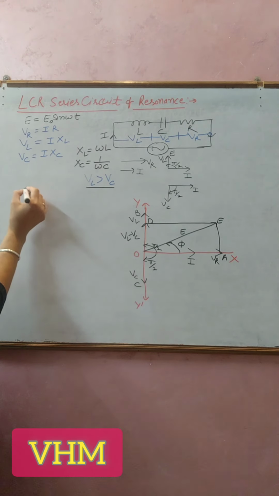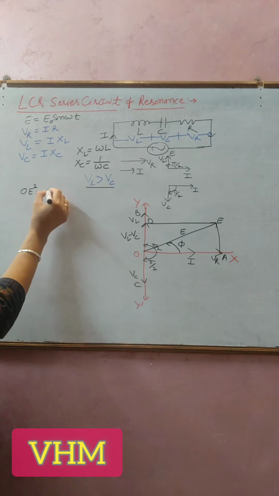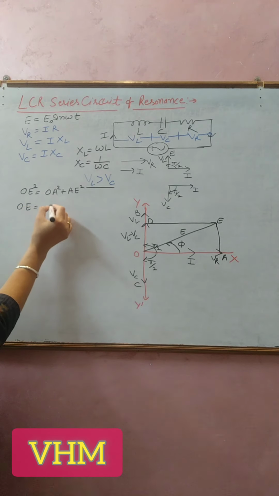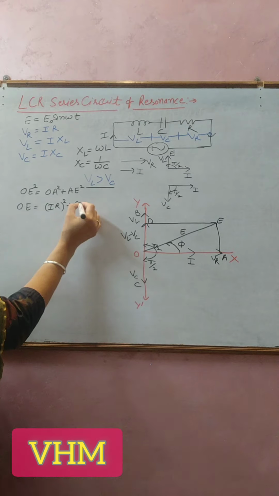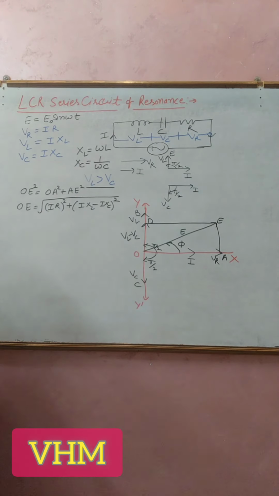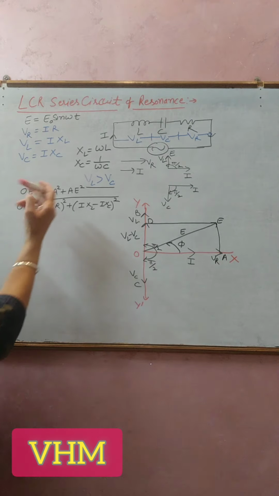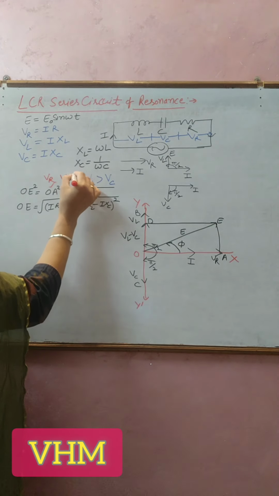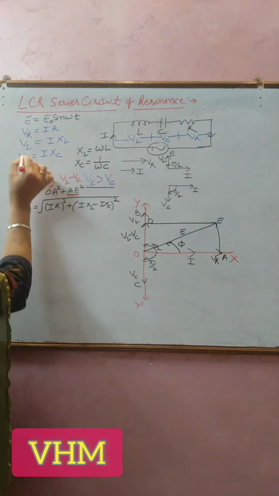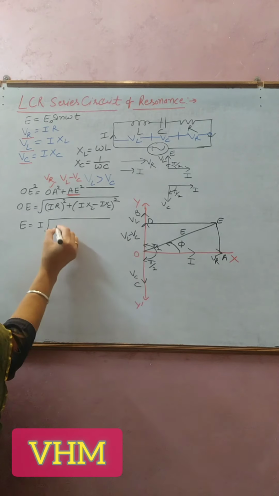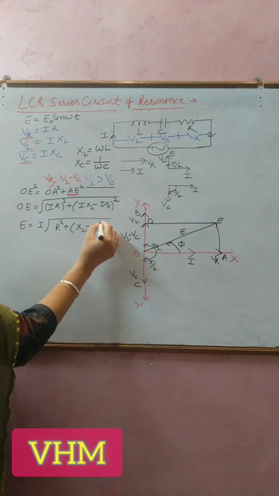Now from this phasor diagram, OE square is equal to OA square plus AE square, or we can say E is the square root of (IR) square plus (I XL minus I XC) square. Why do we write this? Because OA represents VR and AE represents VL minus VC, and we use the values of VL, VC and VR, and OE is E. So we have R square plus (XL minus XC) square.